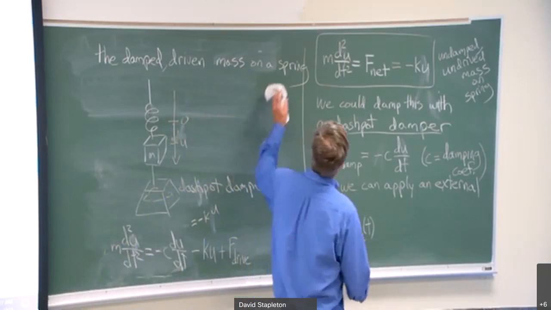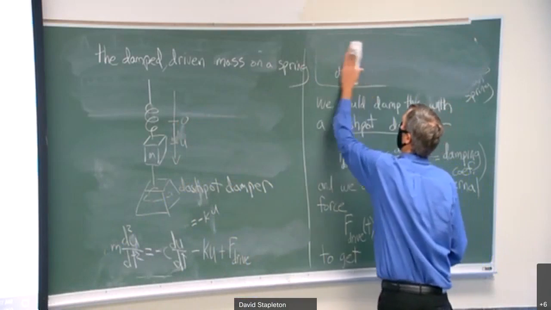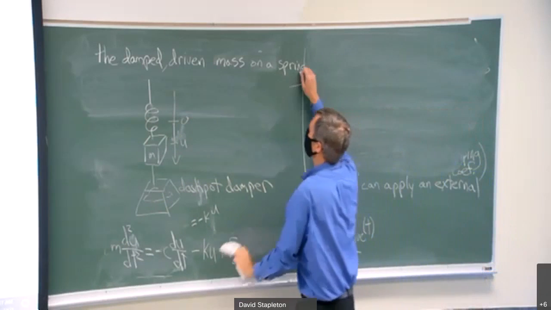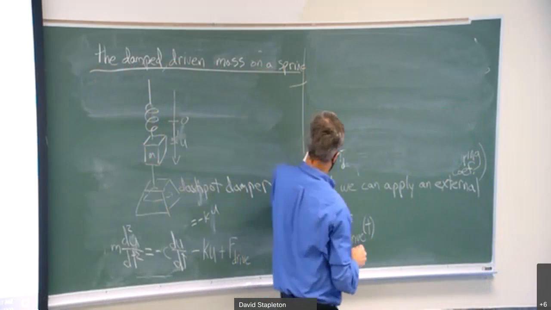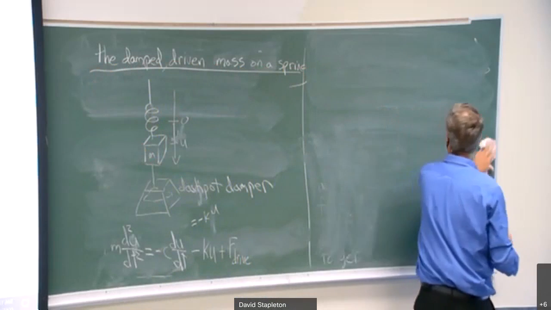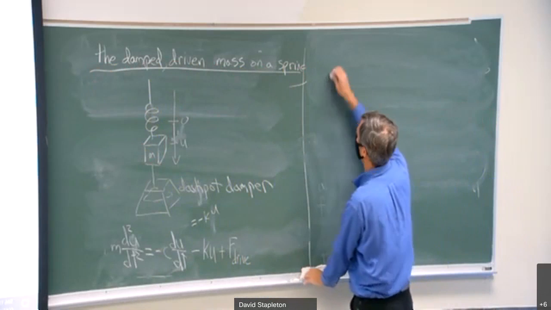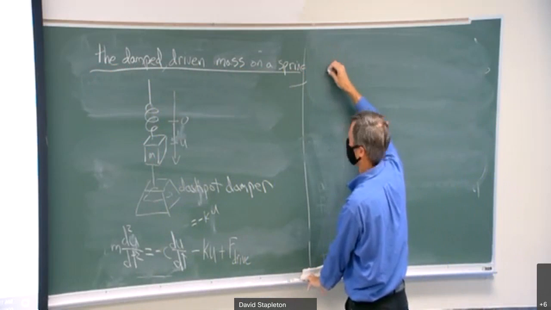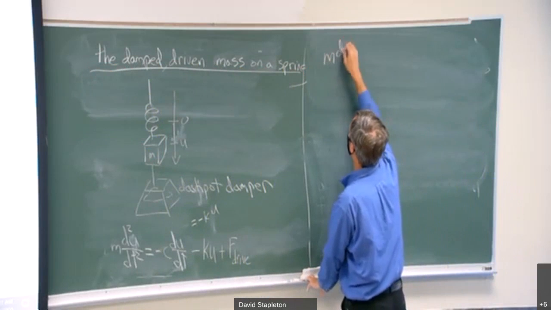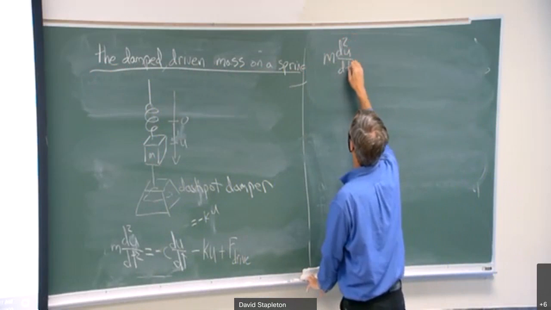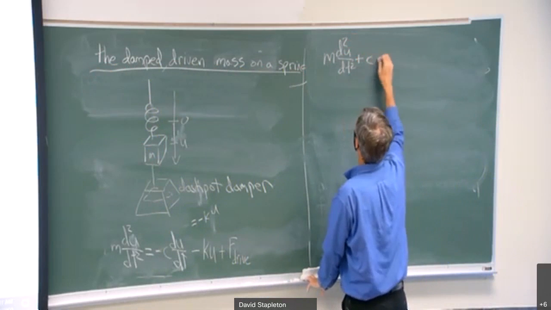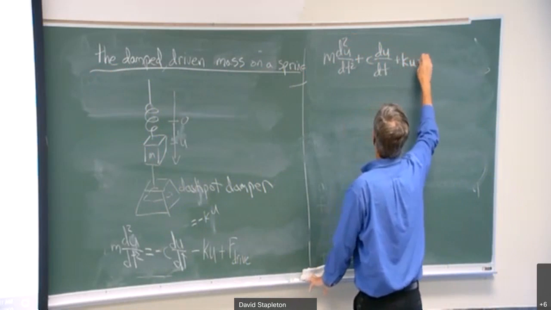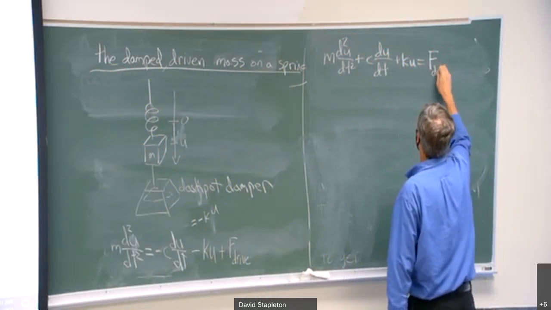And now you rewrite that equation, and we come up with this for the damped driven oscillator. Damped driven mass on a spring has this equation. When you rearrange that, let's write it that way: m d squared u/dt squared plus C du/dt plus Ku equals some driving force.